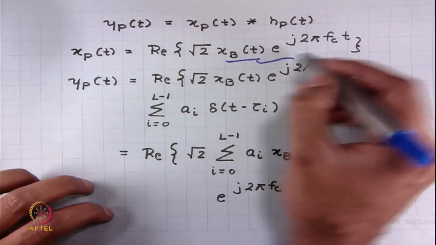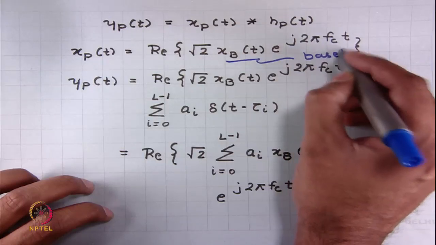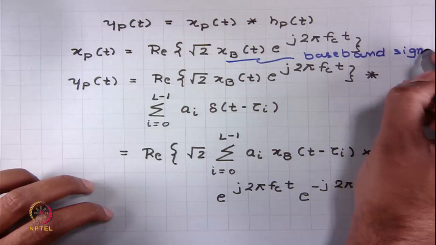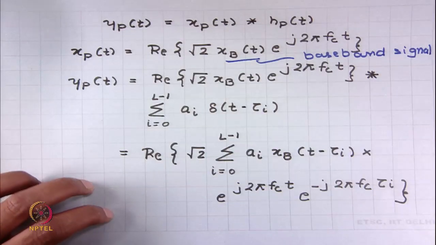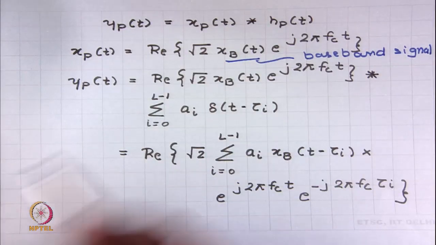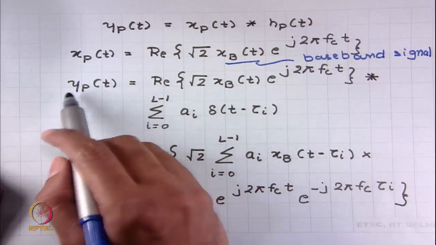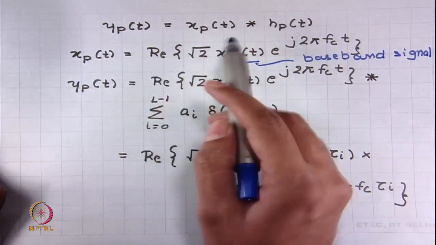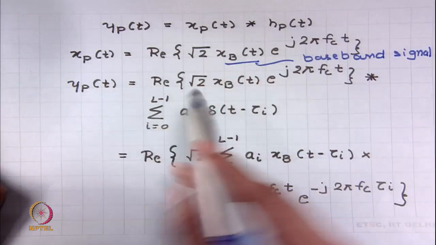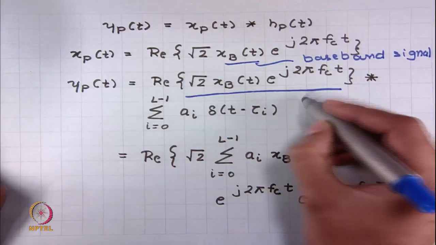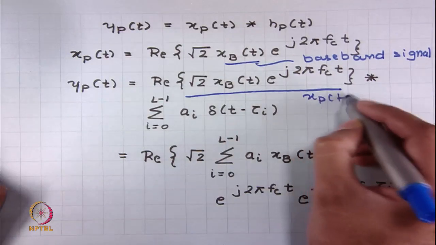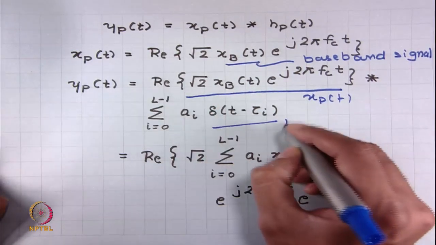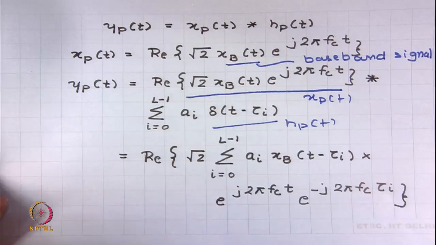So, x_b(t) is the baseband signal. The passband received signal can then be obtained by convolving this x_p(t) with h_p(t). So, this is x_p(t) represented in terms of the baseband signal and this is h_p(t).